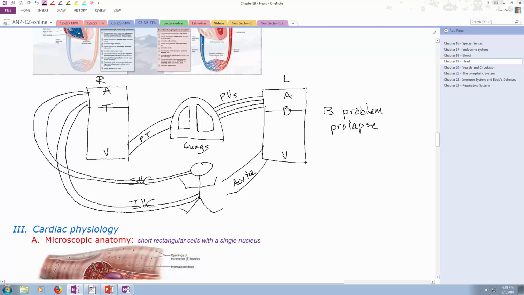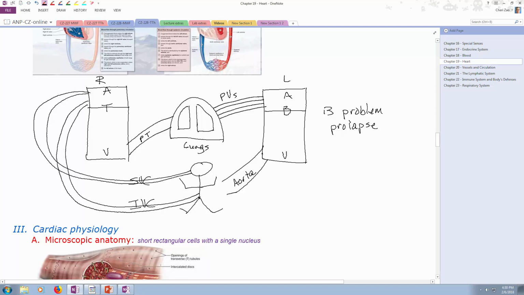What does prolapse mean to you guys? One of the leaflets is going into the atria when the ventricles are contracting, correct? So that means that the ventricle is sending some of its blood to the atria and not all of its blood is actually going to the body, correct?